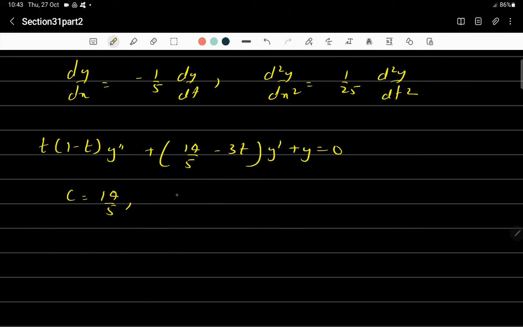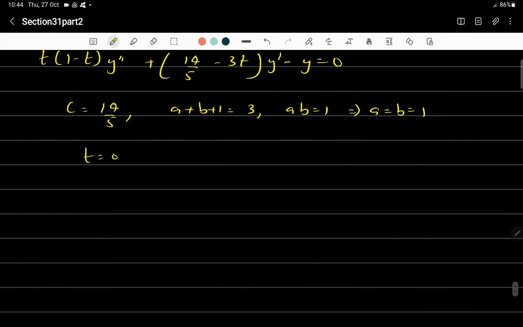So for the obtained hypergeometric equation, a plus b plus 1 is equal to 3, ab is equal to 1, this is minus y, and that gives you a is equal to b is equal to 1.